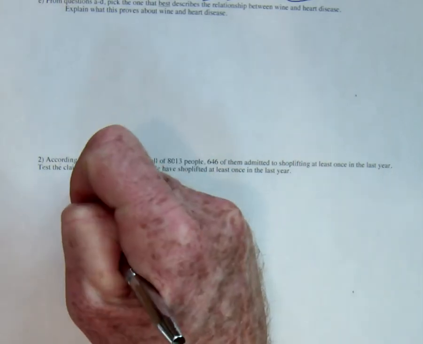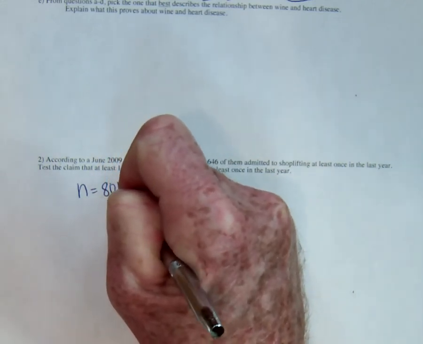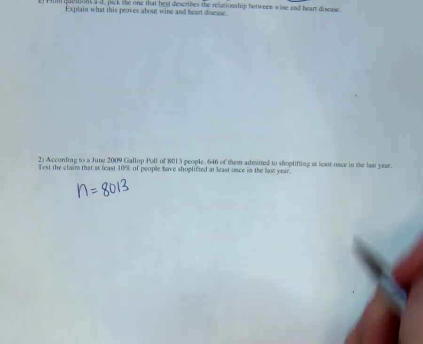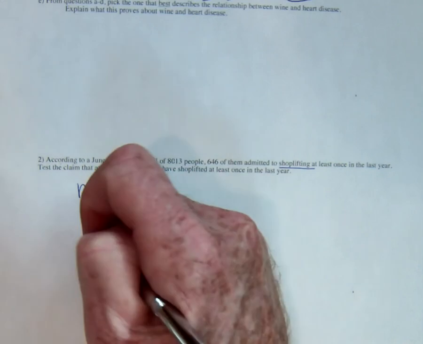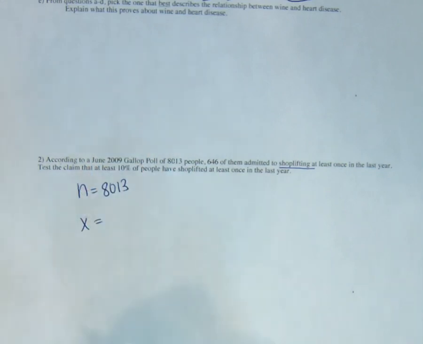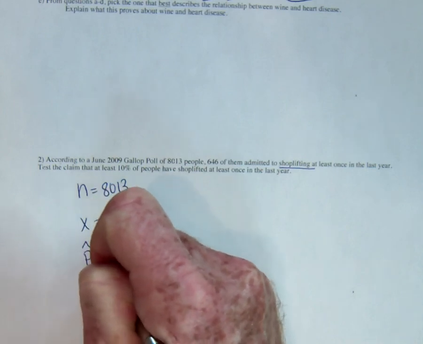So in this poll, it says, all right, N equals 8,013 people. So the success here is if they admitted to shoplifting. So X is equal to 646 of them. So then you could calculate the percentage.